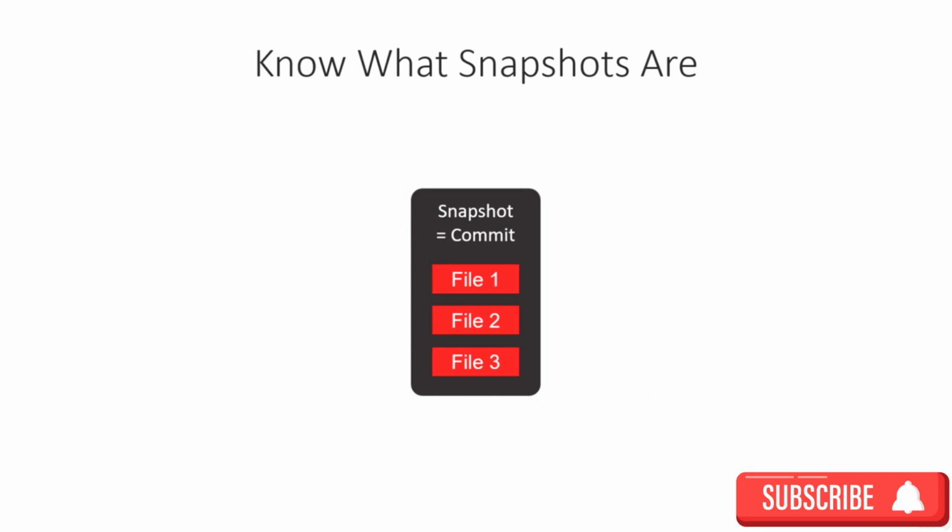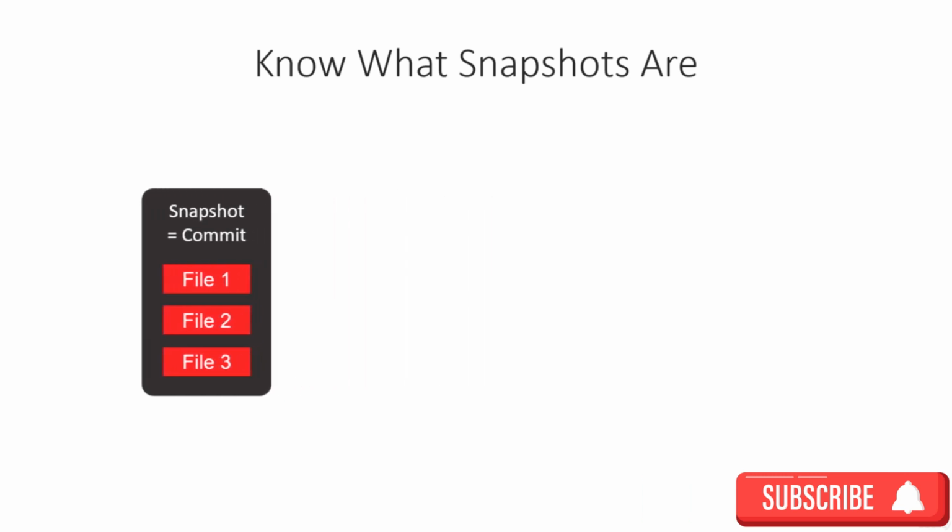So it is the same thing. But now you know, when you come across the term snapshot, what it actually means. It means that Git does not store single file differences with a commit. Instead, Git creates a snapshot of all your files with every commit.